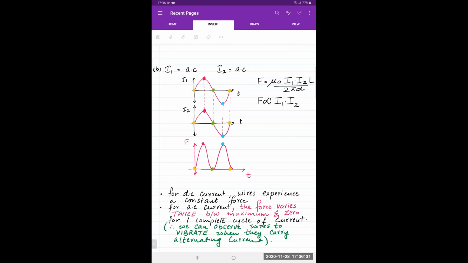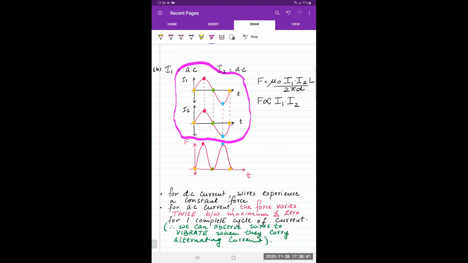So this is the working which we did, that if both wires are now carrying alternating current instead of direct current, then this is how the shape of the individual currents would look like. And the graph for the force is the one which I'm highlighting with the green colored marker.